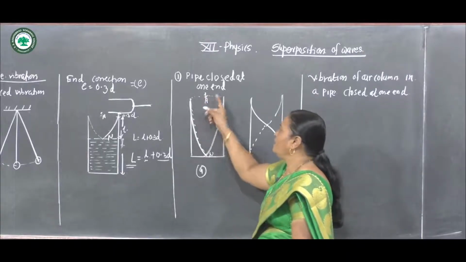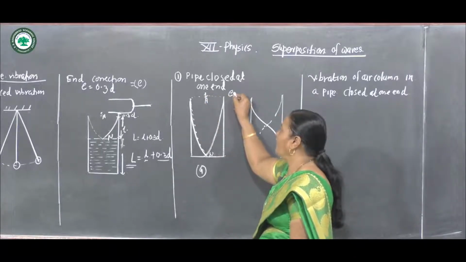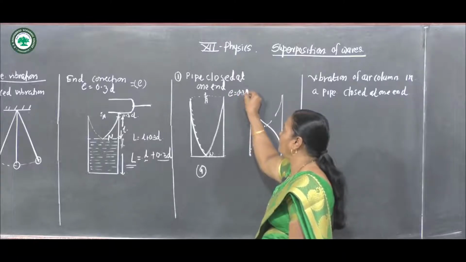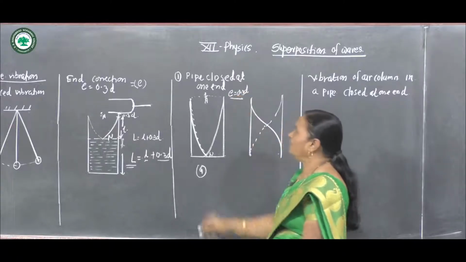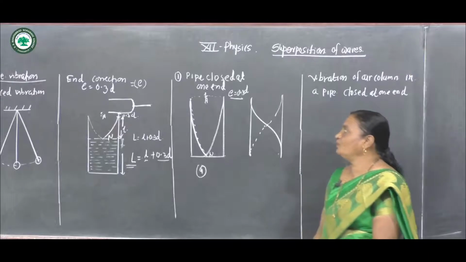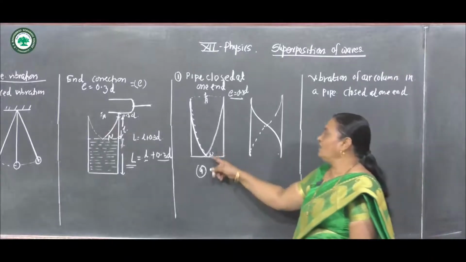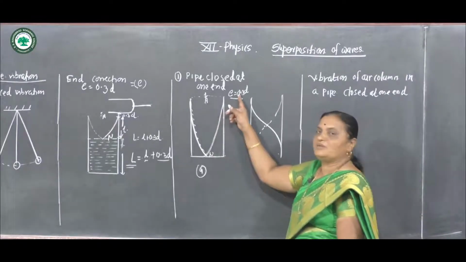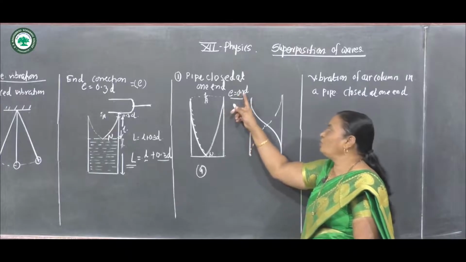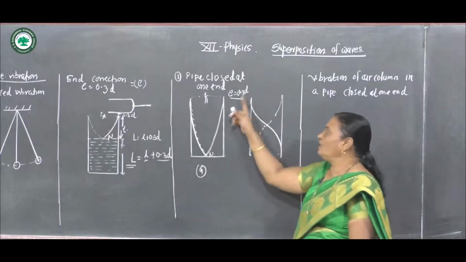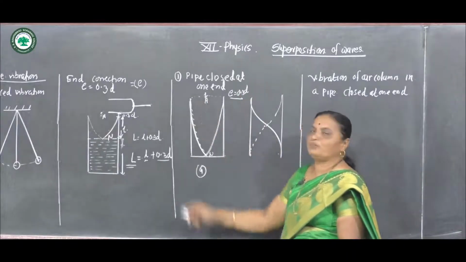Here there is one end correction and it is 0.3D. That is, when the pipe is closed at one end, there is one end correction which is given by 0.3D, where D is the inner diameter of the tube.